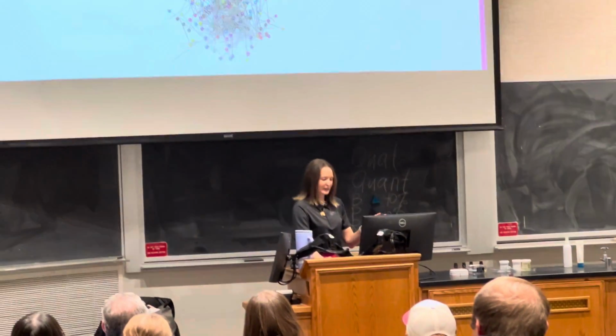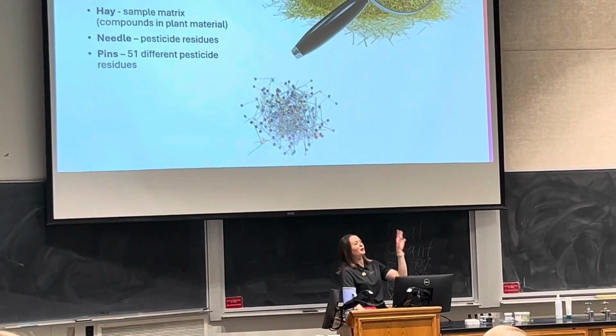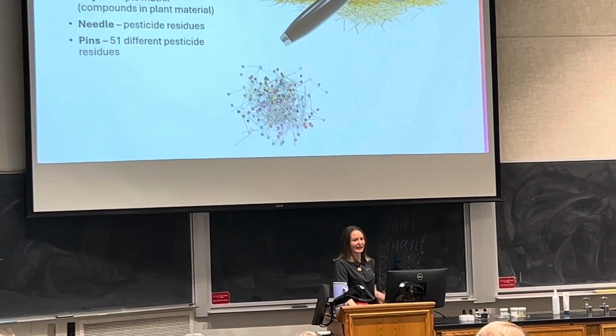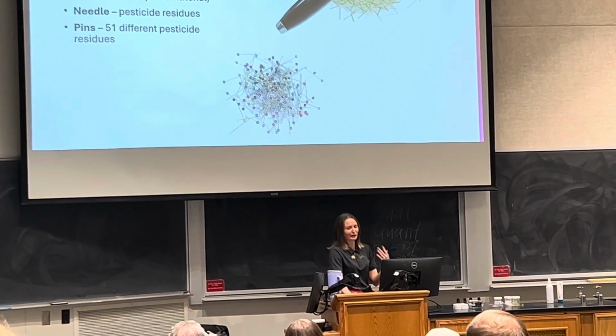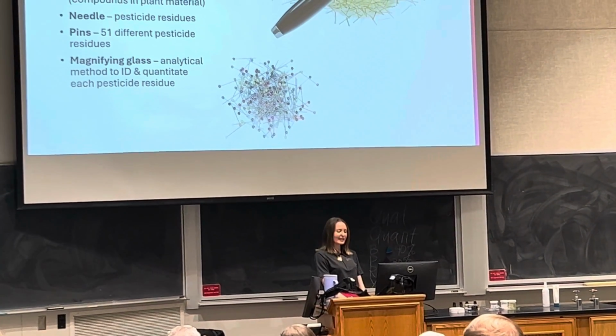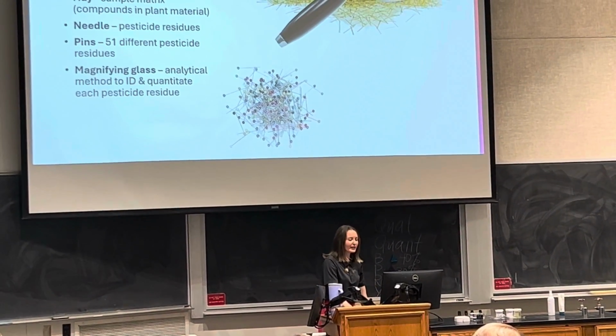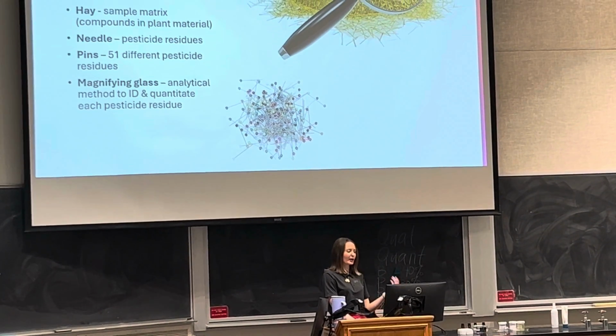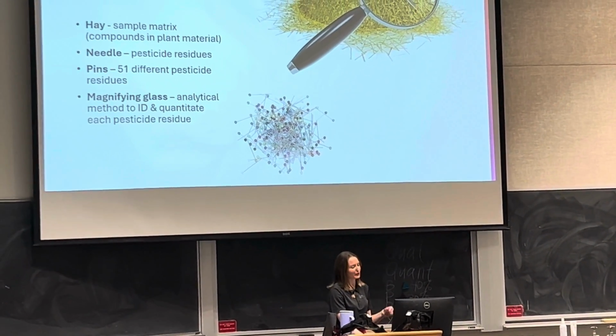So the different colored needles here represent kind of like all the different species of pesticides that I want to be able to find if present in that sample. And the magnifying glass is like the analytical method that I'm using to identify and quantitate each of those pesticide residues.